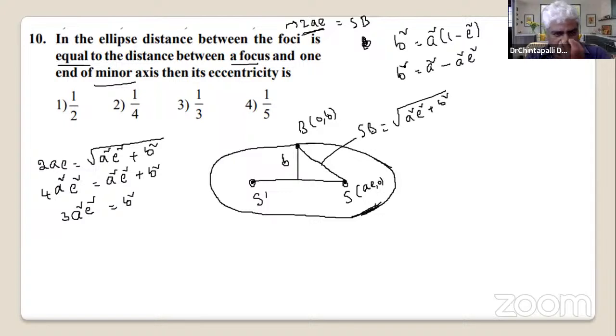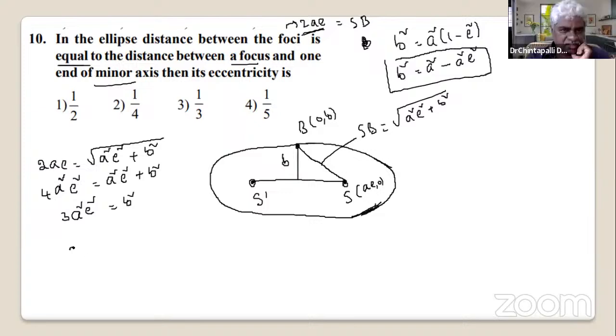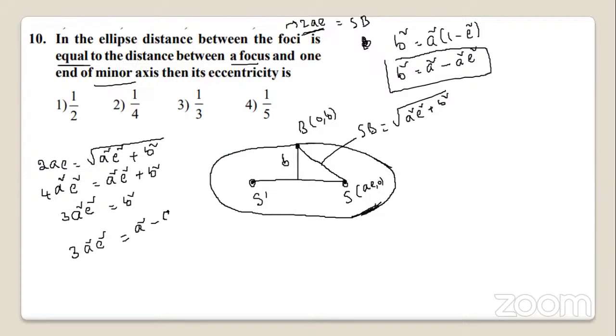I told you the most useful formula in the ellipse: b square is equal to a square minus a square e square.